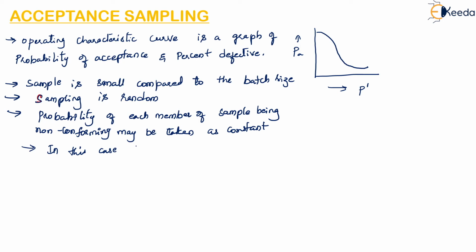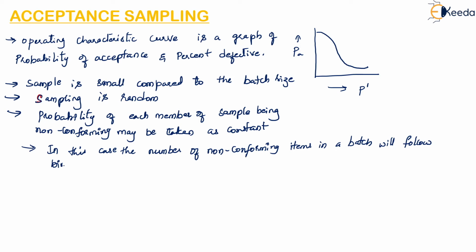In this case, the number of non-conforming items in a batch will follow a binomial distribution. So here we can see that the shape of the graph is something like this for acceptance sampling by attributes.